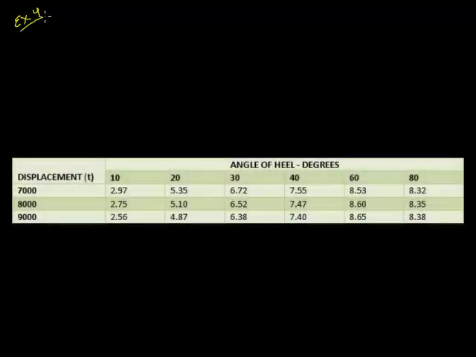In example number 4, we are going to use the same table as in example number 3. This time we are going to find the value of Kn when the heel angle is 30 degrees and the displacement is 8,200 tons.